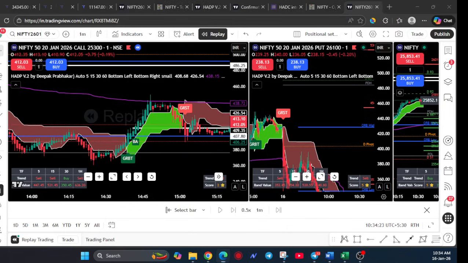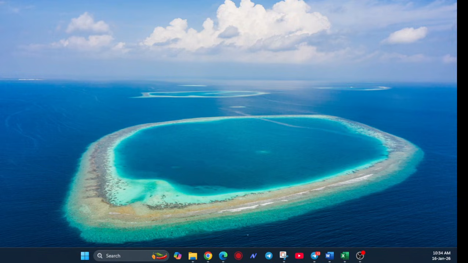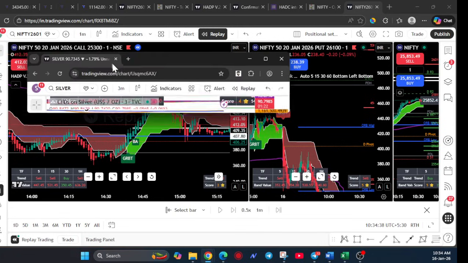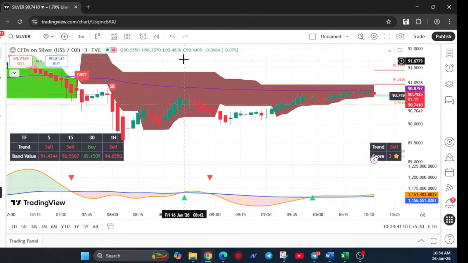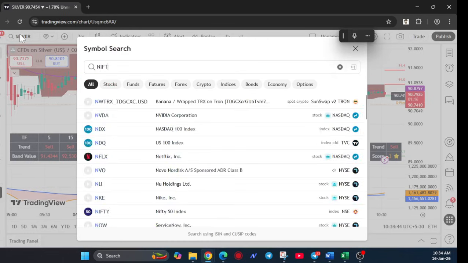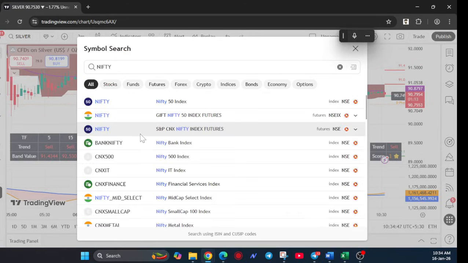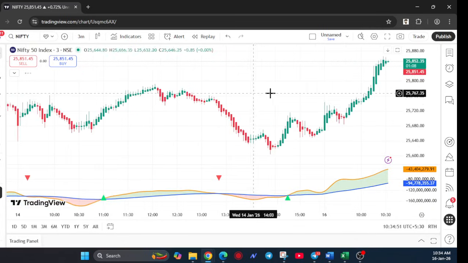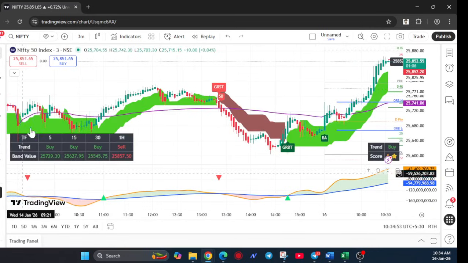One second. Nifty, this spot chart, okay.